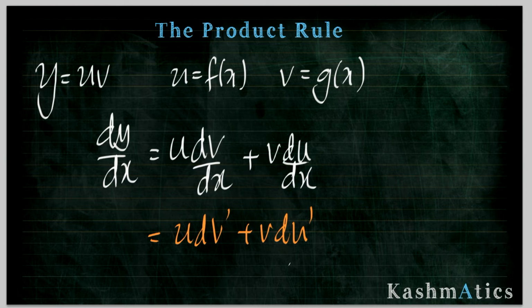But it's quite an easy one to remember, and if you say it in your head enough times, it will stick. And out of this one and the next one we're going to be doing, which is called the quotient rule, this one's actually the easier one to remember and apply. So make a note of that, and what we'll do is we'll cover some examples, and hopefully by the end of it you'll have a better understanding of how the product rule works.